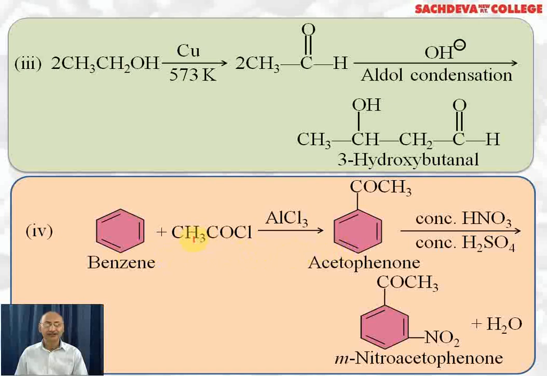So benzene is treated with CH3COCl, acetyl chloride, in presence of AlCl3. Instead of acetyl chloride, we can also use acetic anhydride. Product formed will be acetophenone, which reacts with concentrated nitric acid and concentrated sulfuric acid. The COCH3 group being meta-directing, we get meta-nitroacetophenone as the product.